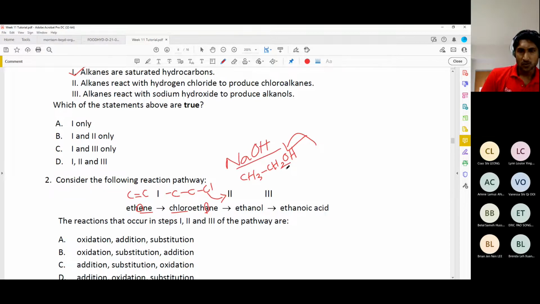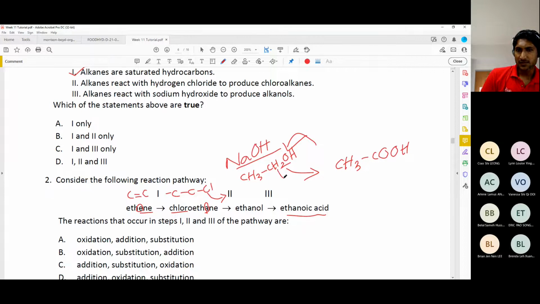And from ethanol to ethanoic acid, or acetic acid that we know, CH3 COOH.